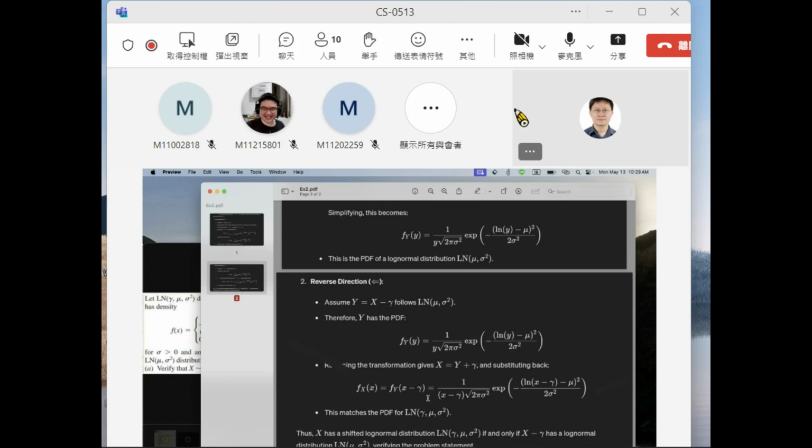This function matches the PDF for the error function. So this verifies the problem statement. Yeah, I think this is our result. In fact, you can go in the reverse direction, and actually it's true. So that's why we still have the result: the original one follows with those parameters.